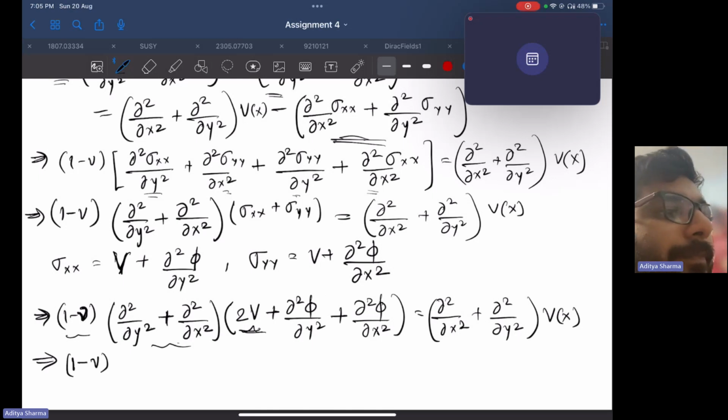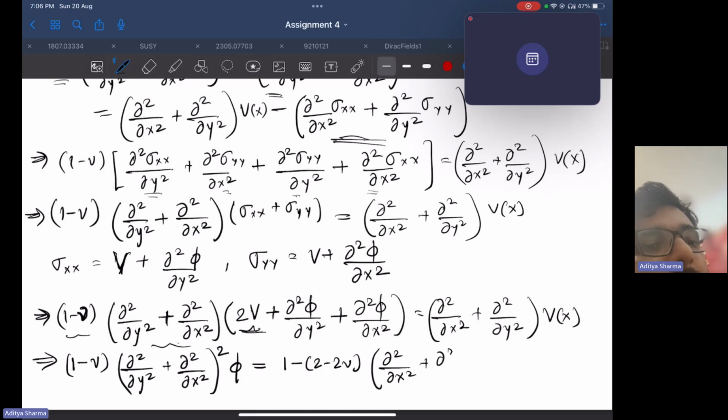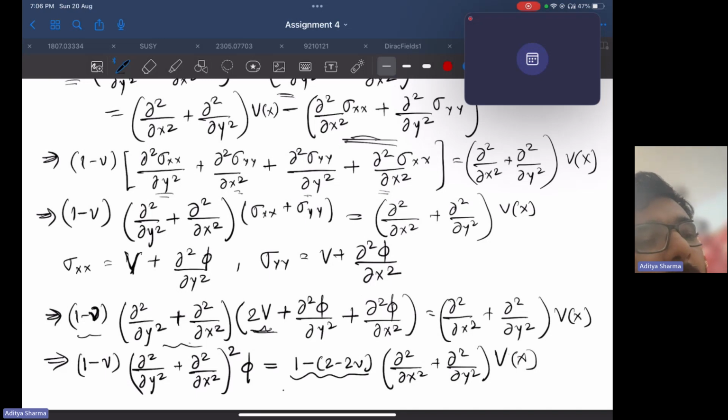So we will get 1 minus nu, del square del y square plus del square del x square, that means this operator is again here, phi is equal to, we will put this term this side, and we have 2 minus nu, that is 2 minus 2 nu here, and it comes this side, and it will be 1 minus 2 minus 2 nu of this term only, which will give you, this is just 1 minus 2, yes, this is 2 nu minus 1.